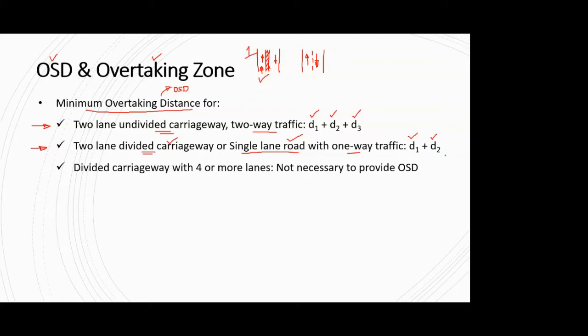You don't have a third component here. D3 is missing because there is no interference of two vehicles traveling in opposite directions. And in single lane one-way traffic, there is no second direction itself because it's a one-way road.